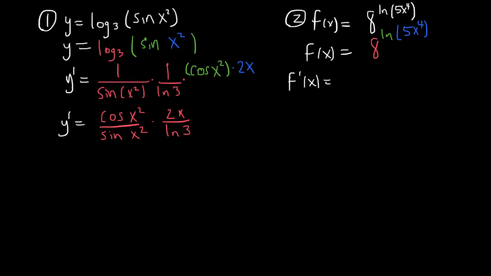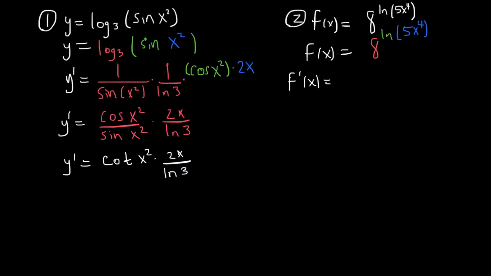And you can see that we just multiply across. And then, of course, when you think about it some more, cosine over sine of the same angle, these two have the same angle, so we can combine them into just what's cosine over sine? Cotangent of that very same angle times 2x over ln 3.